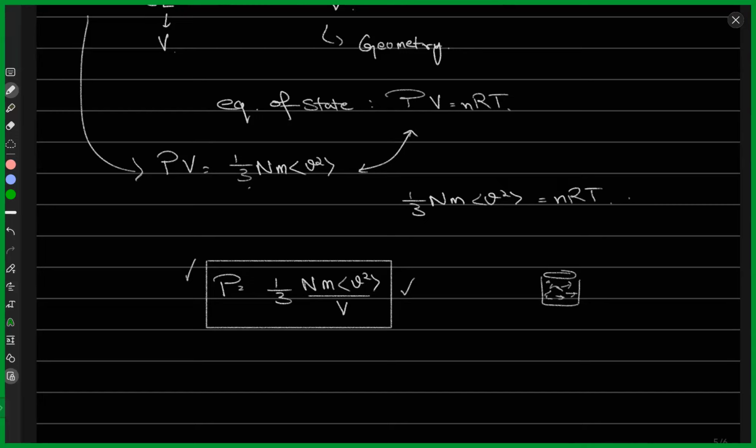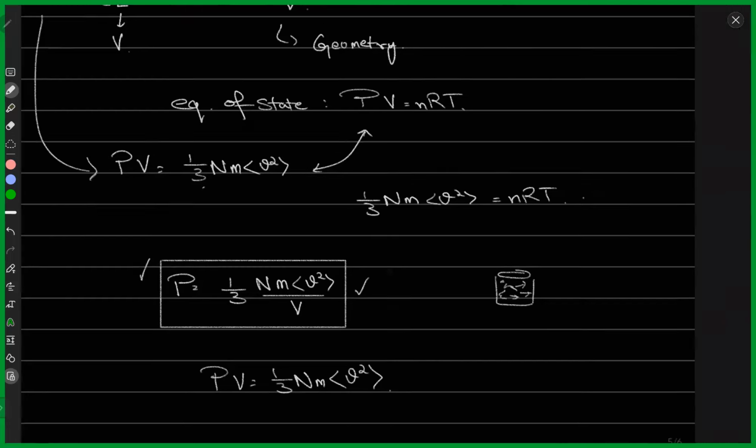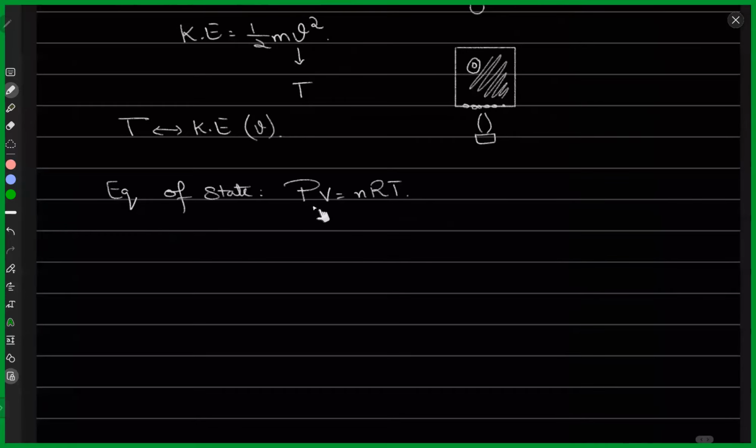So, well, this is P, right? So if I bring this volume over here, then this becomes PV is equal to 1/3 n m v squared, like this. And this is equal to nRT.